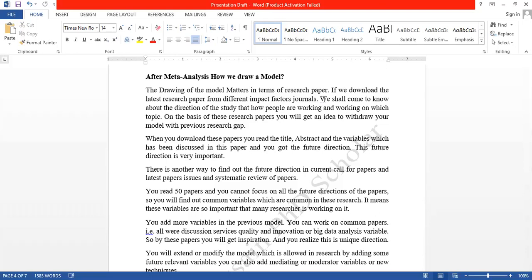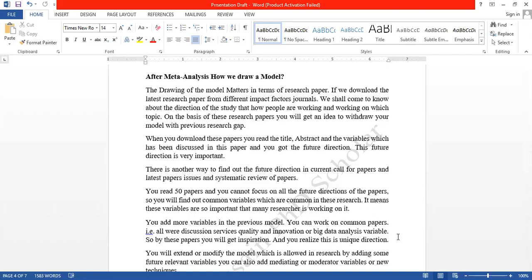Let's say in 50 research papers you add some variables. You can work on common variables which were all discussed. Let's say if you are working on service quality or innovations or big data analysis, you can download multiple papers from different impact factor journals.